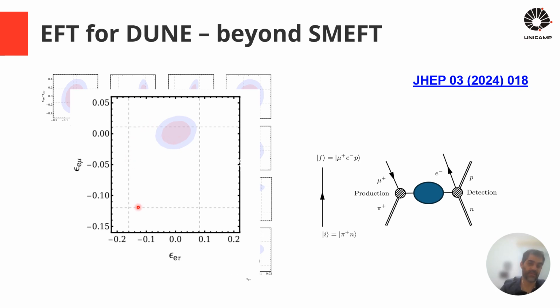Here in this square is the region allowed today: the present bounds for epsilon e tau, the present bounds for e mu, and this is the allowed region. DUNE can in principle constrain these two quite a lot. For the other parameters, DUNE is not going to provide a very good improvement.